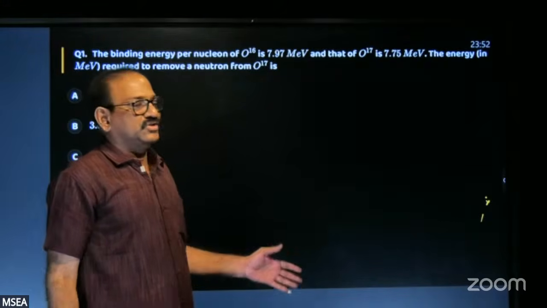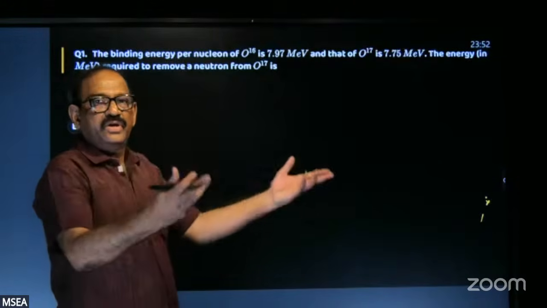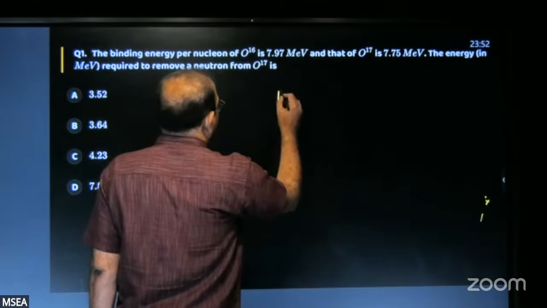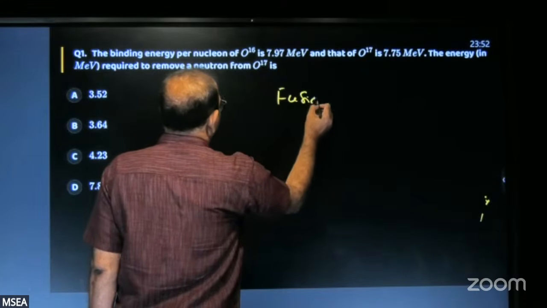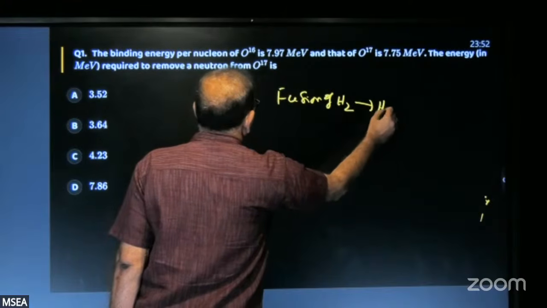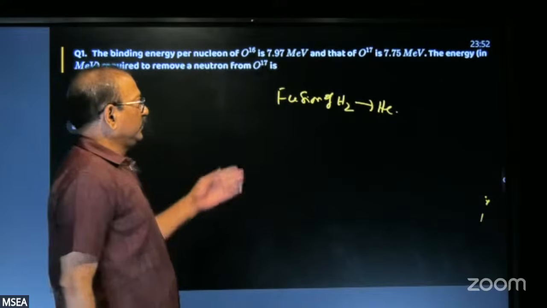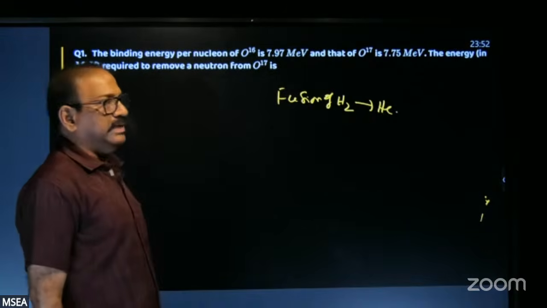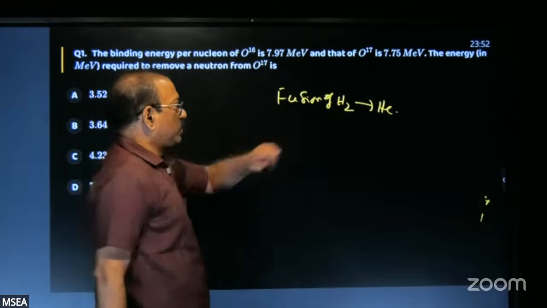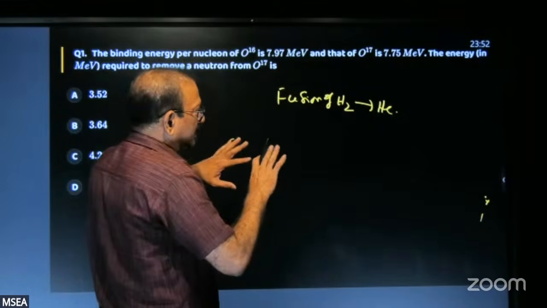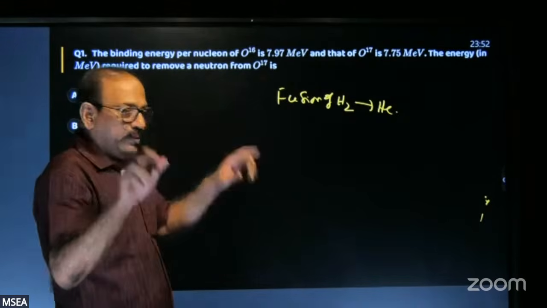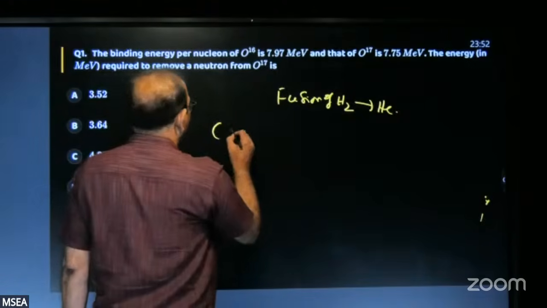The source of stellar energy, the energy emitted by stars, is fusion of hydrogen into helium. This fusion of hydrogen into helium takes place in the form of two different cycles. You have to remember those cycles also.